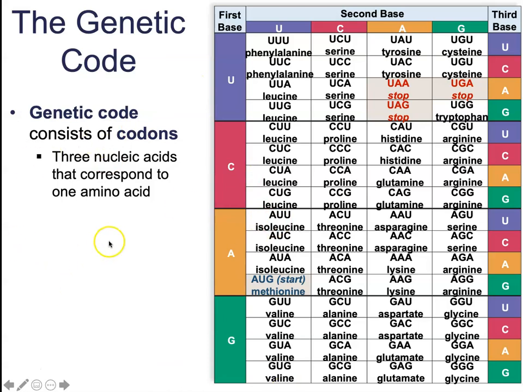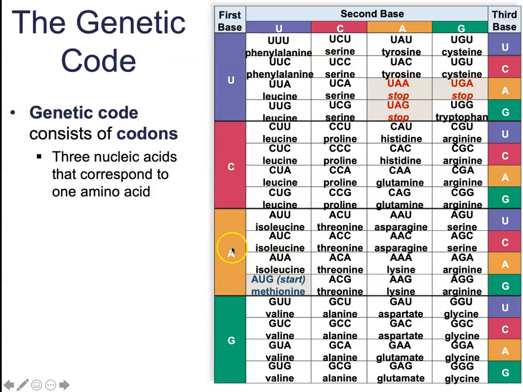Now here is a diagram that's provided in your textbook to help you. When you are translating your codons, you're going to start off by finding the first base here. So let's say I have a codon ACG. I'm going to start off by going down the first base. My first letter was A. My second letter was C, and for that I'm going to look across this row at top.